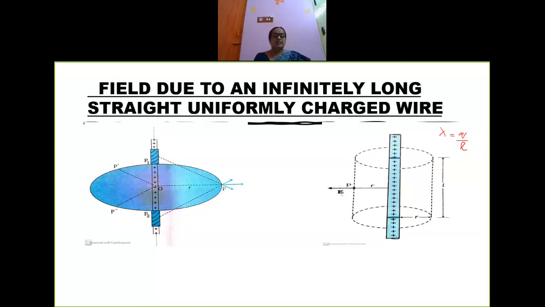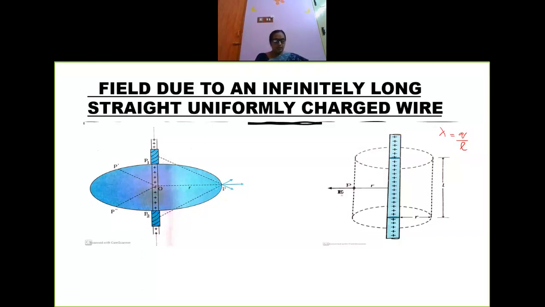So, consider a wire which is positively charged. Actually, it's an infinitely long straight wire which is having a uniform positive charge and which possess linear charge density lambda equal to Q by L, right?